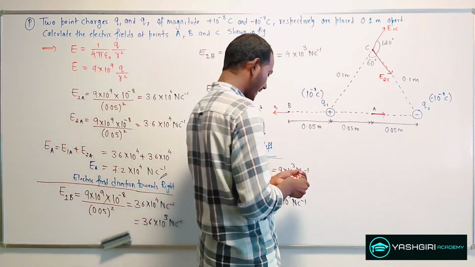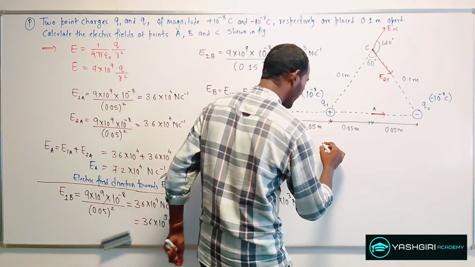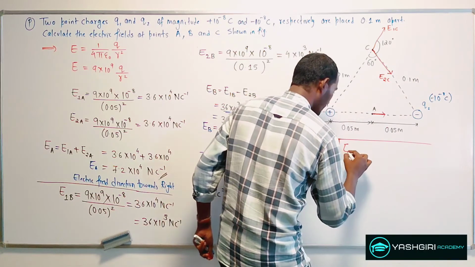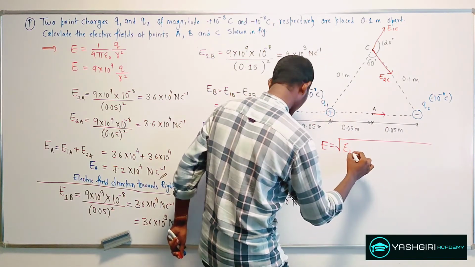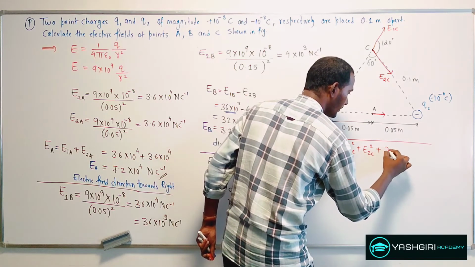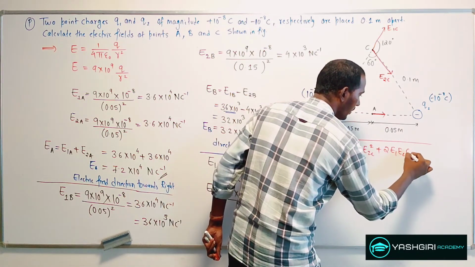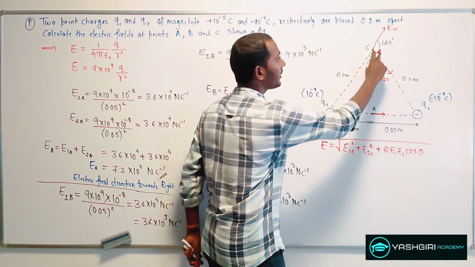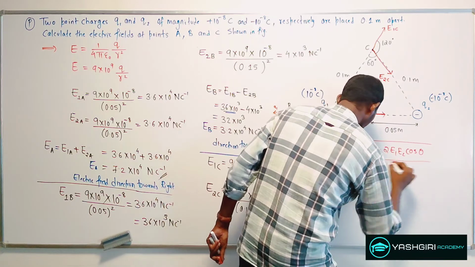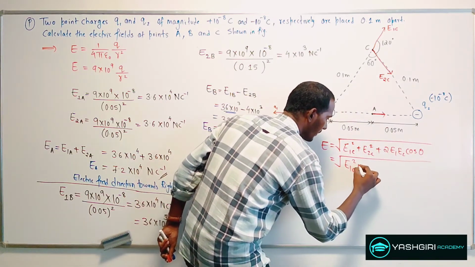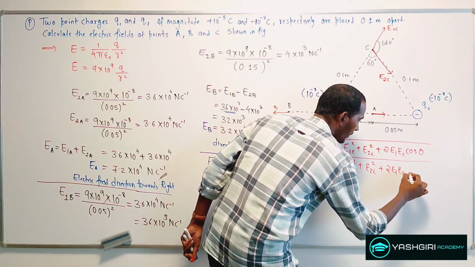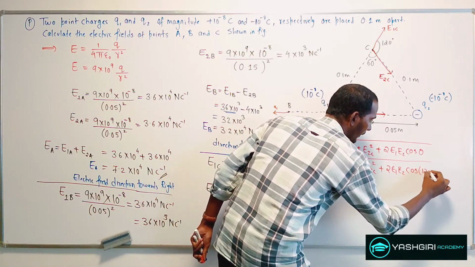Because the expression to calculate the resultant of these two vectors is nothing but E1C square plus E2C square plus twice E1 into E2 into cos of theta. Here this theta is my 120 degrees. So this is E1C square plus E2C square plus twice E1 into E2 and cos of 120 degrees.